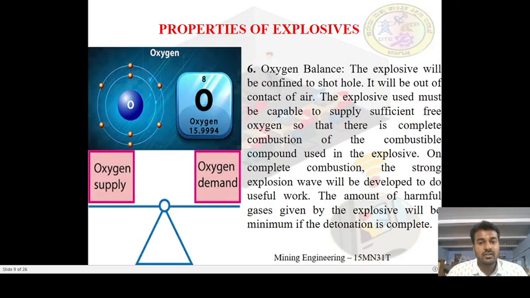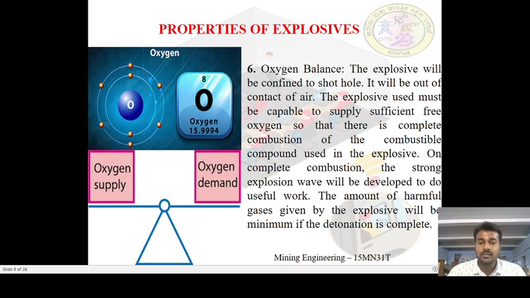The next property of an explosive is oxygen balance. Explosives usually are confined in the shot holes, where, as we have seen, a fire to burn requires three important things: the igniter, the combustible material, and the oxygen.